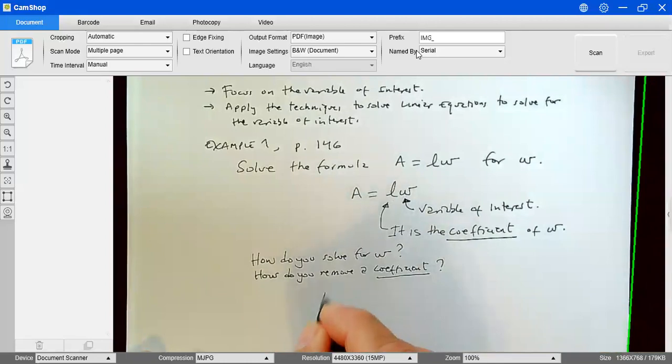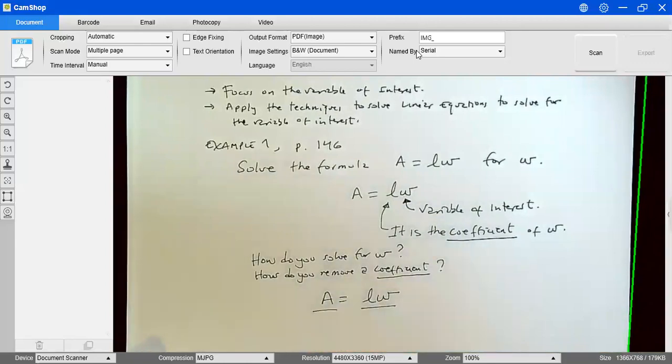So let's do it. So A equals LW. So I'm going to divide both sides of the equation by the coefficient. So that's the way that you remove the coefficient.